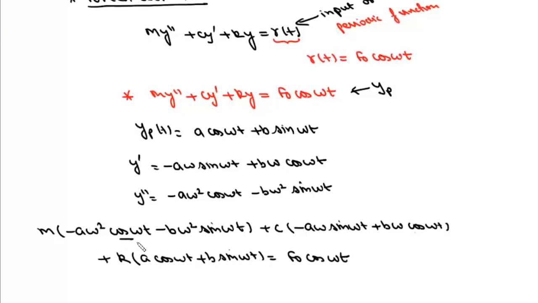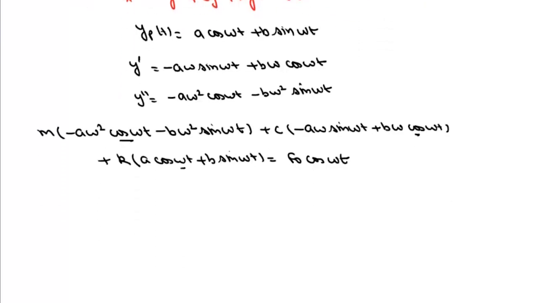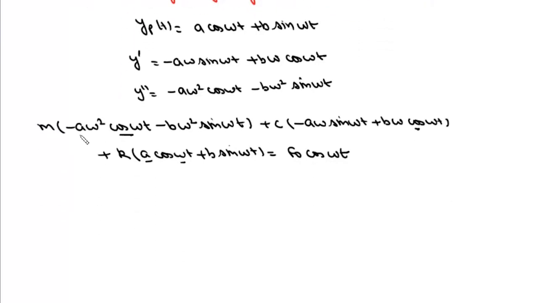Now what we'll do is we'll take cos omega t together and sin omega t together. So we'll write this as a into k minus m omega square plus bc omega, into cos omega t, and the same way we can write it for sin.